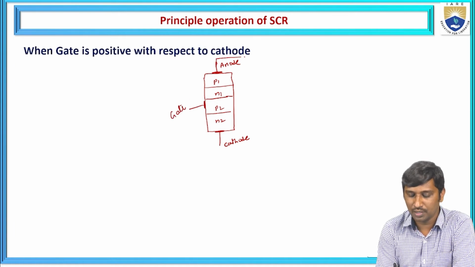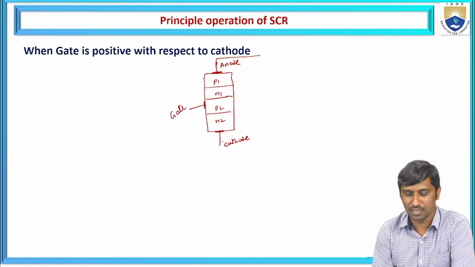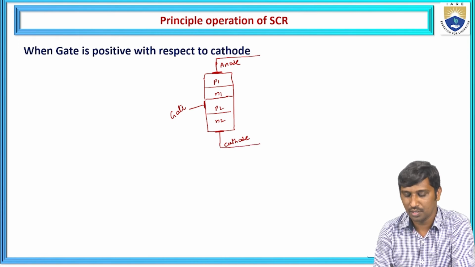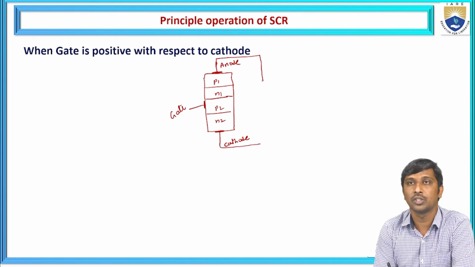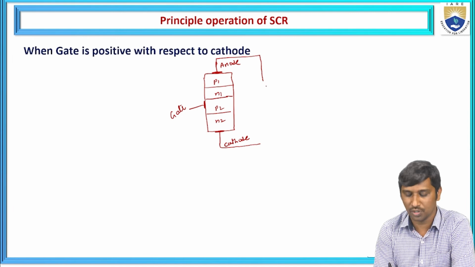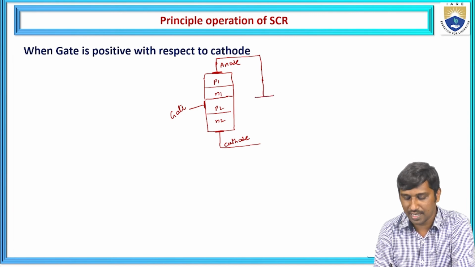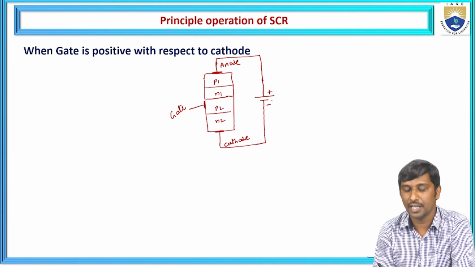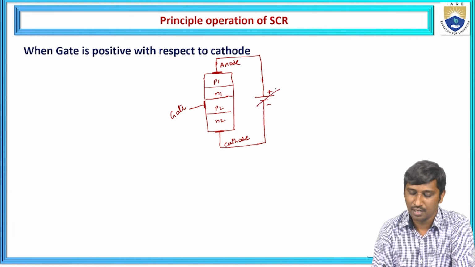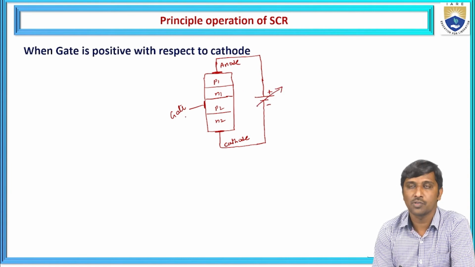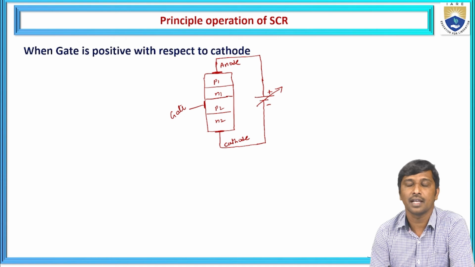Now if you want to repel the charge carriers from the cathode to anode, we know that the cathode is always biased with the negative pole of the battery, and the anode is biased with the positive pole of the battery. But we already observed that when the gate is open, even with this forward bias there is no SCR conduction, and even if you apply the reverse voltage, when the gate is open there is no conduction.